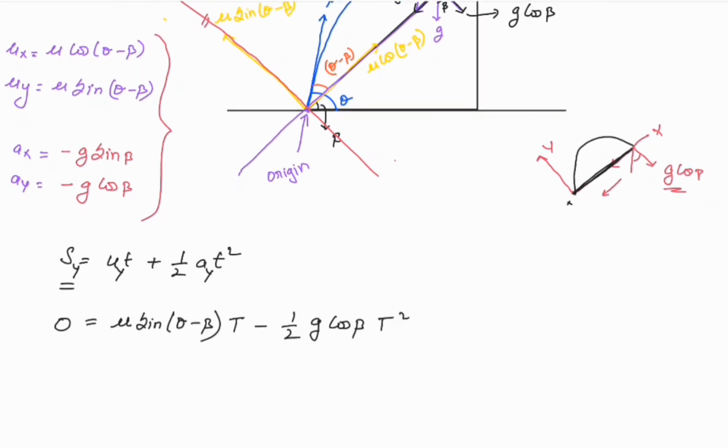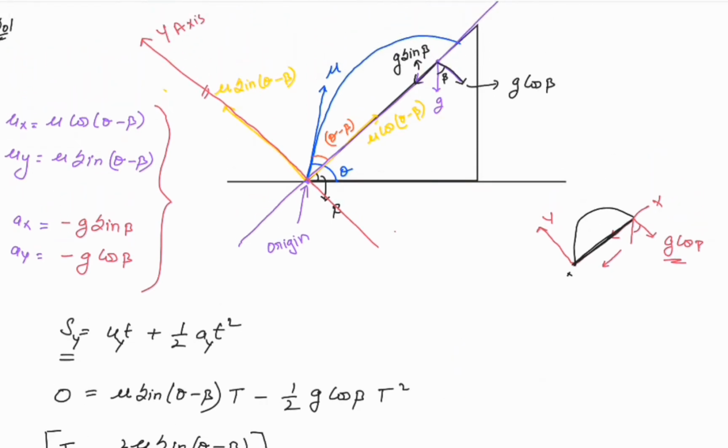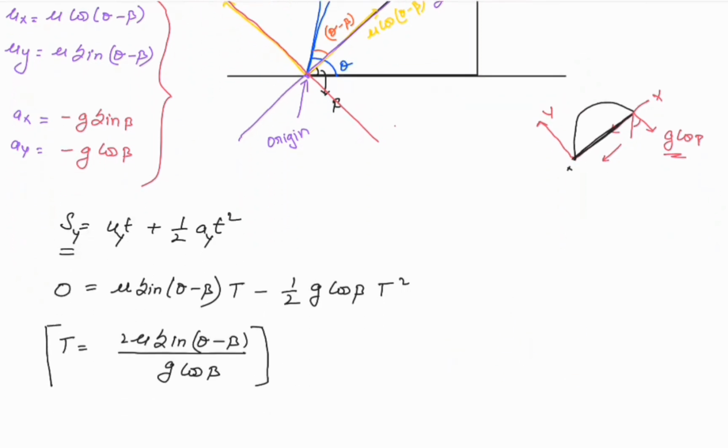From here you can easily calculate the value of time. The t will be equal to 2u sine theta minus beta divided by g cos beta. No need to remember these formulas, only need to remember the concept, how we are calculating the thing. This is the value of flight time in this case.